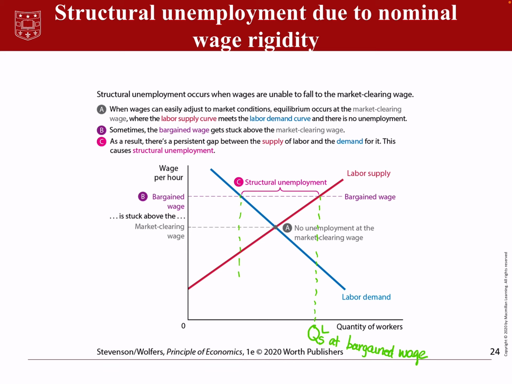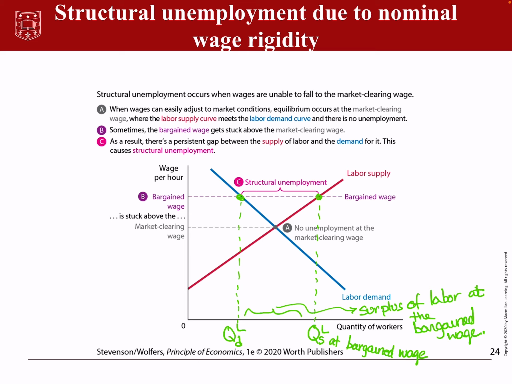And from the demand curve, we remember that this would be the quantity demanded of labor at that bargained wage. Of course, the quantity supplied is bigger than the quantity demanded. This is a surplus of labor at the bargained wage. At that bargained wage, there is this gap between quantity supplied and quantity demanded. And this is how we're thinking about structural unemployment.